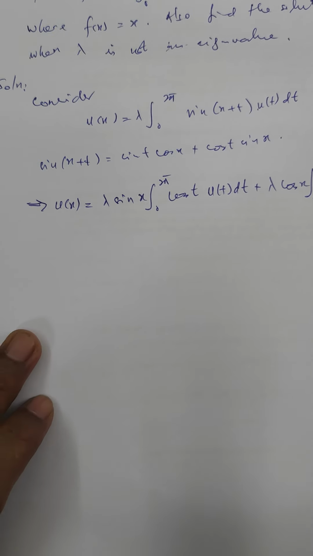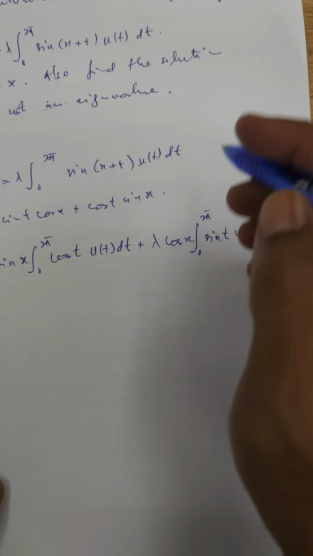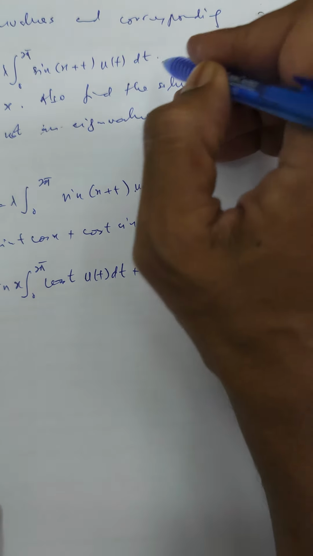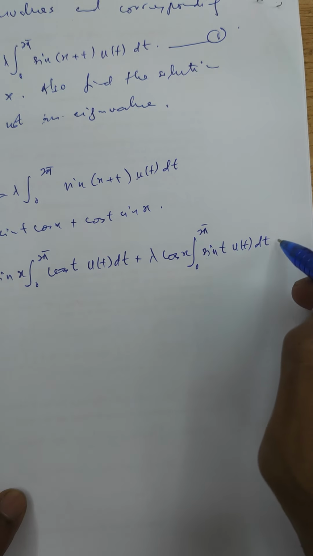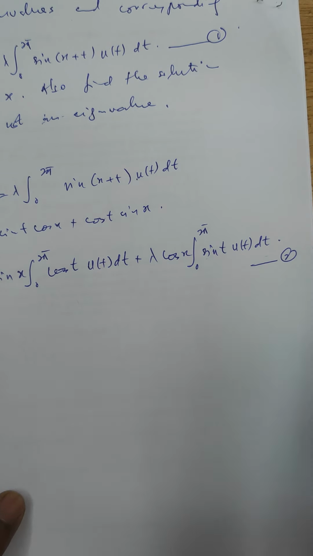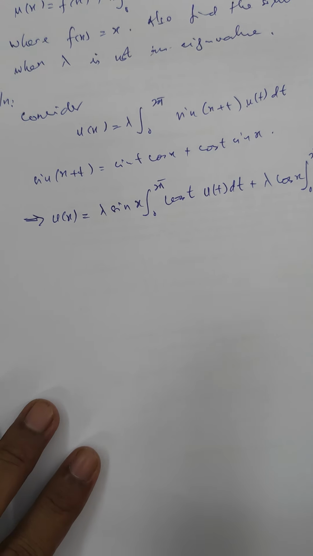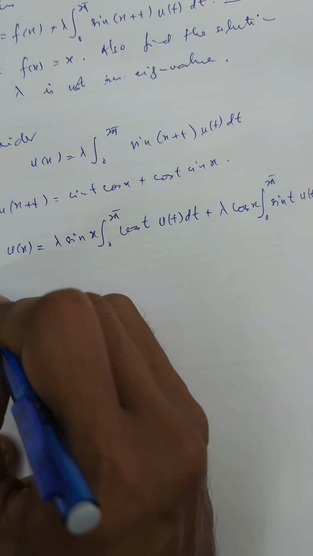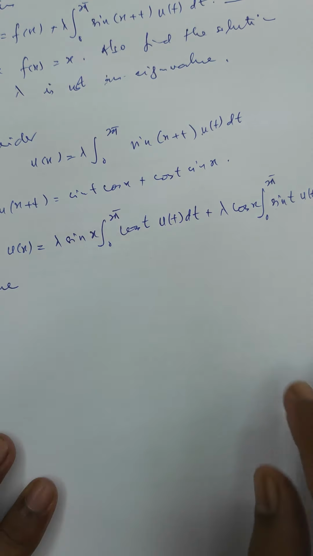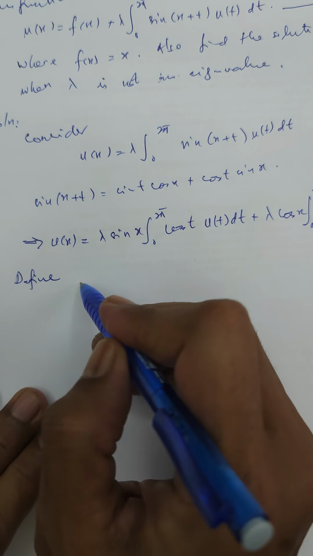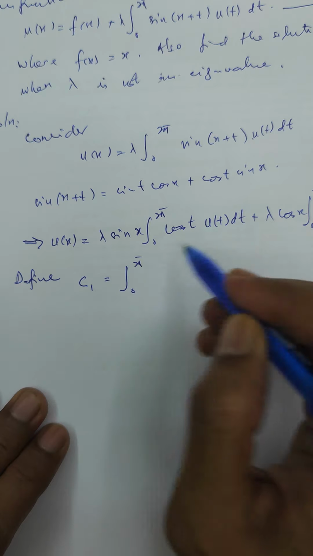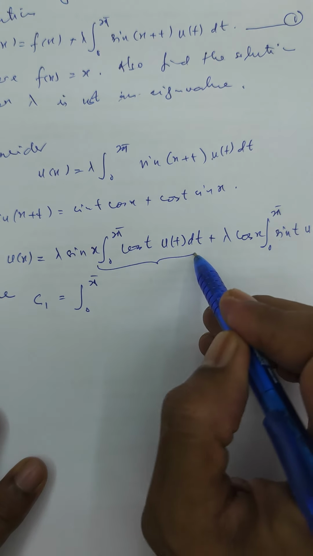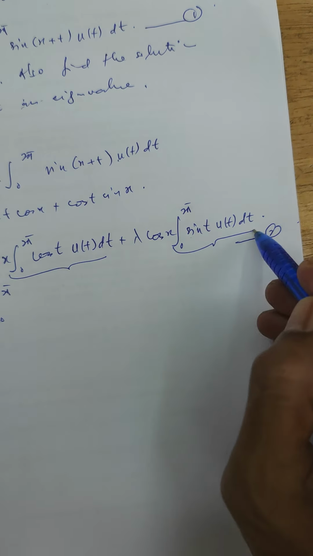Okay, so let's call this equation number 1 and this equation number 2. Then we define C1 as the integral from 0 to 2 pi of cos t u(t) dt, this part here we consider C1, and this part here we consider C2.